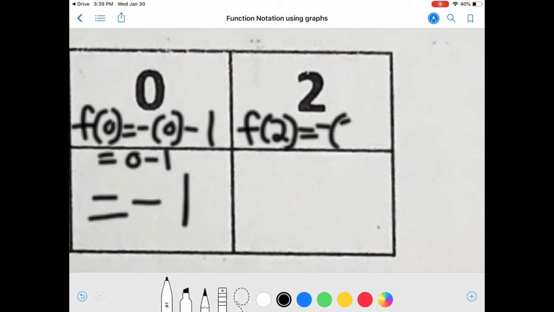You get negative 2 minus 1. A negative times a positive is going to give you a negative 2 minus 1. Negative 2 minus 1 is going to give you negative 3.